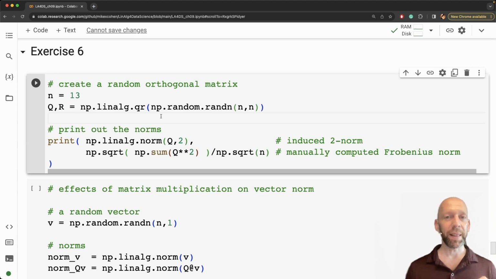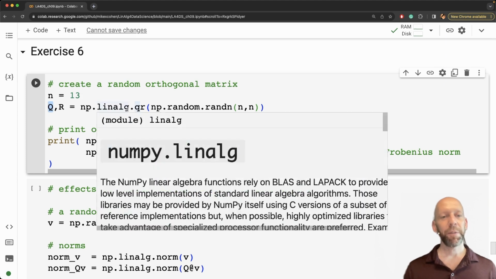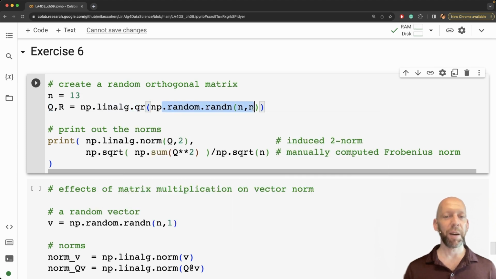Right now, at this point in the book, the only way that you know how to create a random orthogonal matrix is by taking Q from the QR decomposition of a random numbers matrix. You can also get Q matrices from eigendecomposition or from singular value decomposition, and you'll learn about those later in the book. Okay, so we just want this matrix Q.